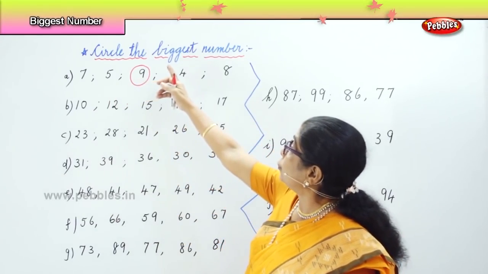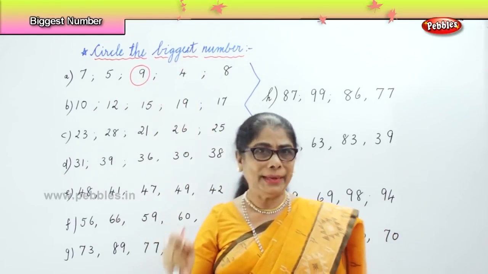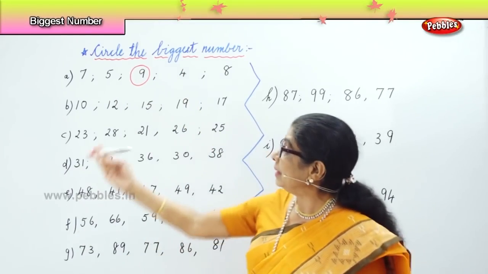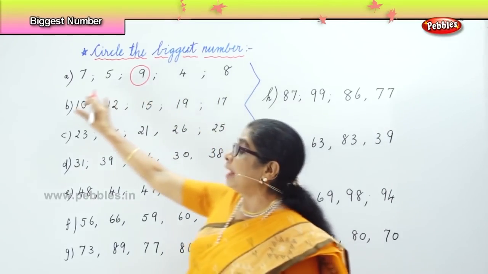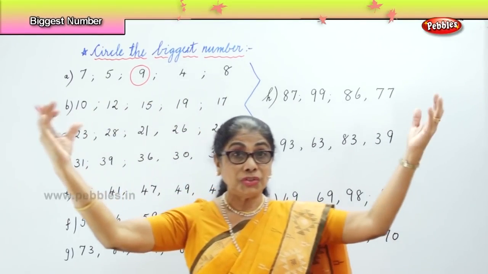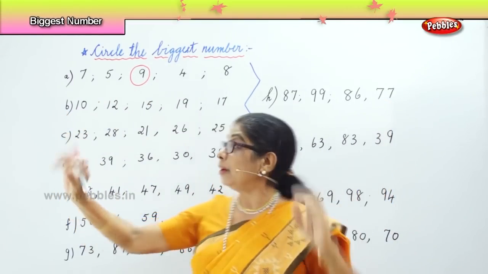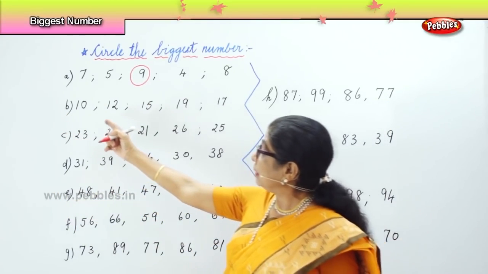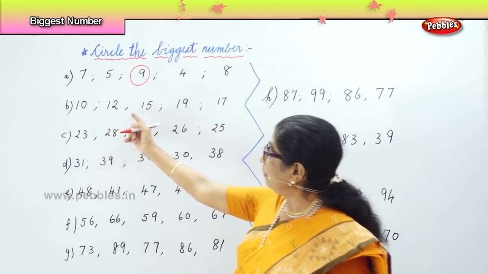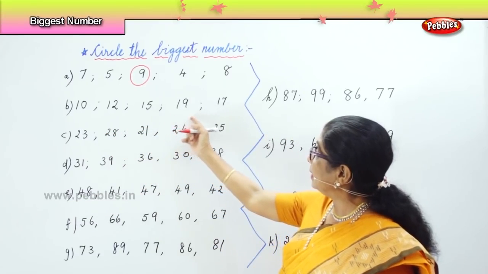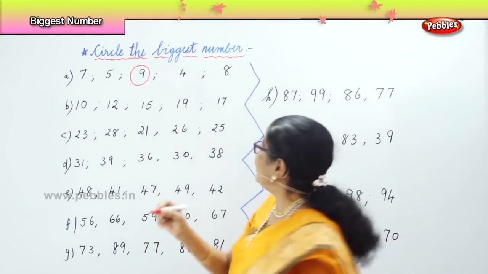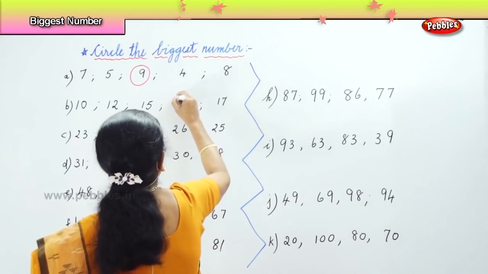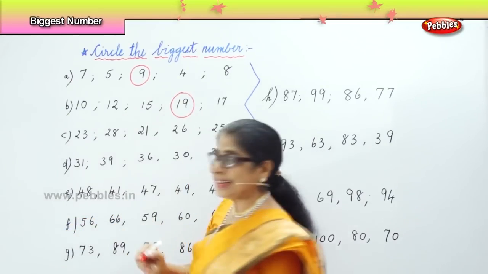The first one you did, 7, 5, 9, 4, 8. In that row, 9 is the biggest number. Now let's look at this. B: 10, 12, 15, 19, 17. Which is the biggest number? 19. That's very good. So we'll circle 19.